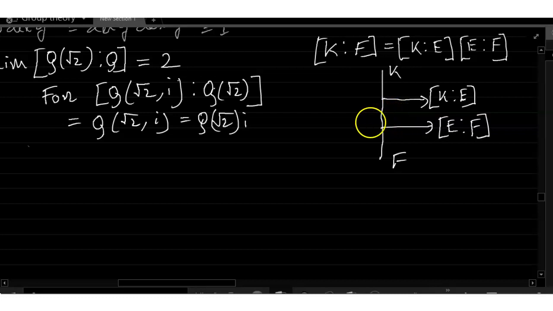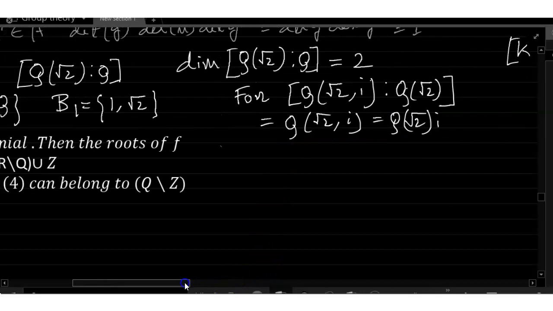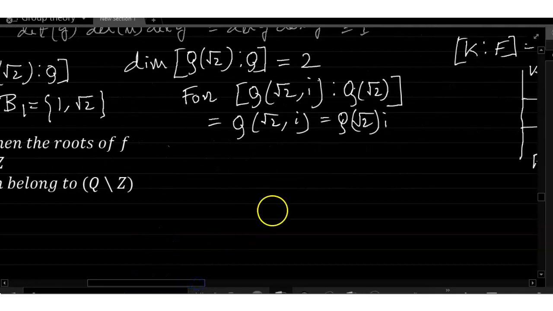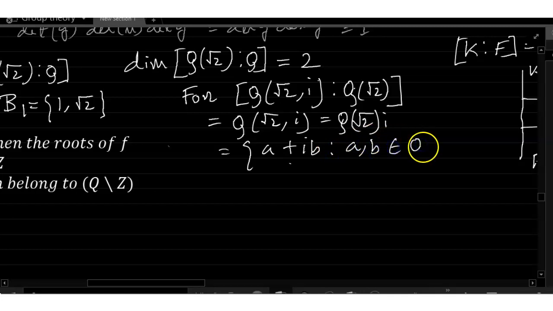So in here K over E, Q root 2 I equals to, can be written A plus IB such that A comma B belongs to Q root 2. Q root 2 over Q, that is 2.